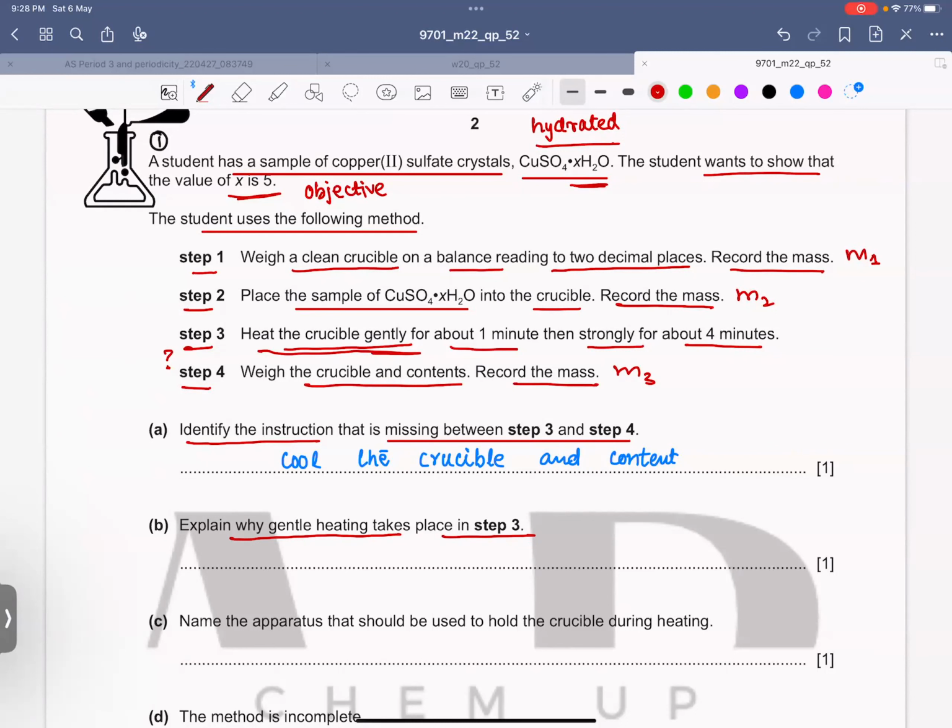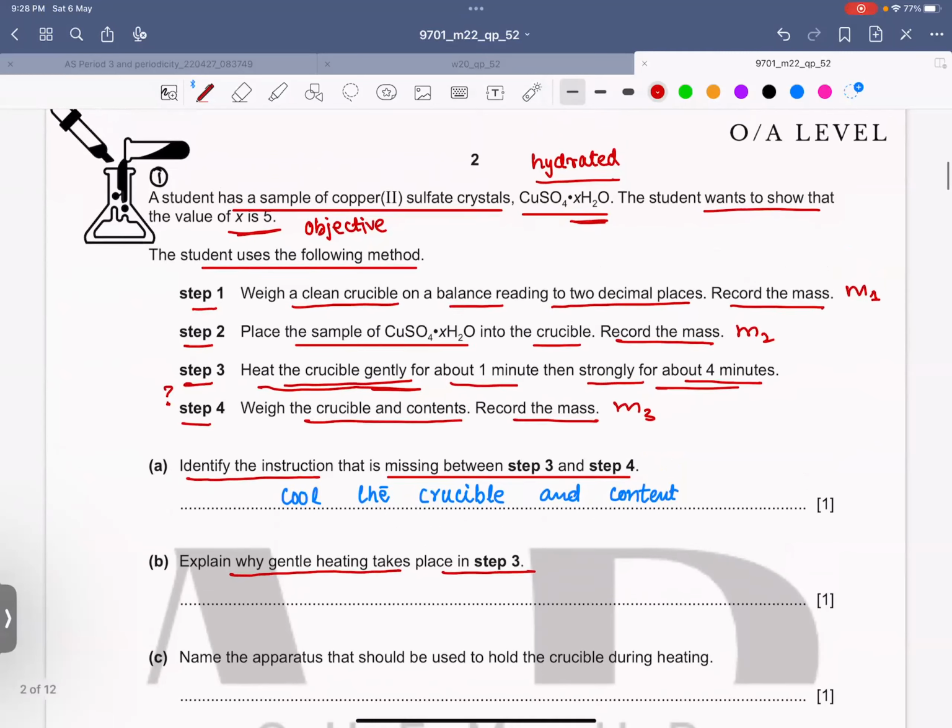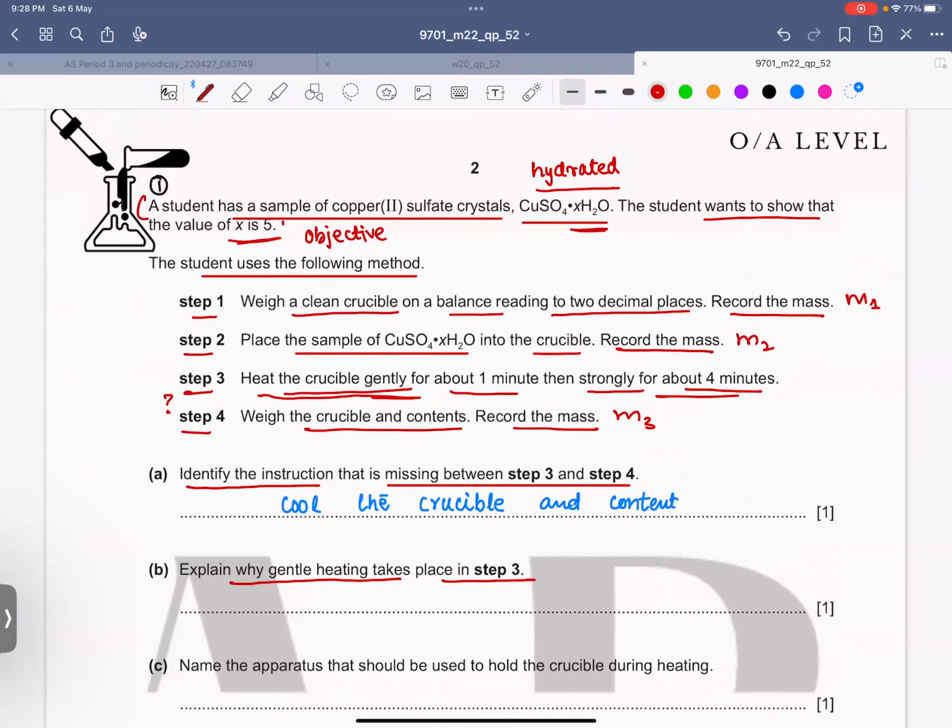So that's what happens when we do the strong heating as well. Sulfates are usually thermally very stable, so they don't decompose on a Bunsen burner. The objective from the first statement indicates that it is not going to decompose; the heating is only performed to remove the water from the crystals.